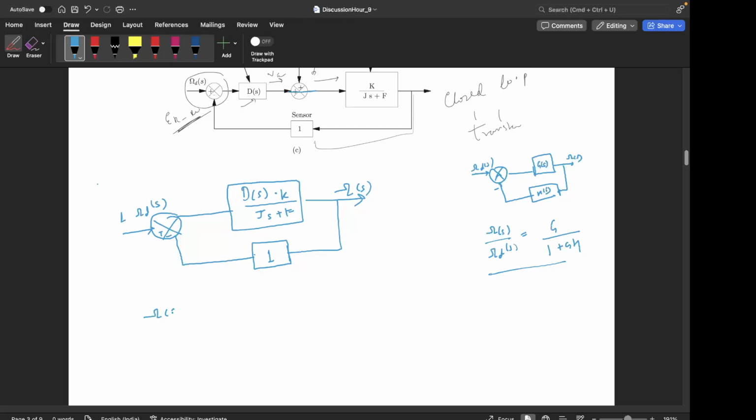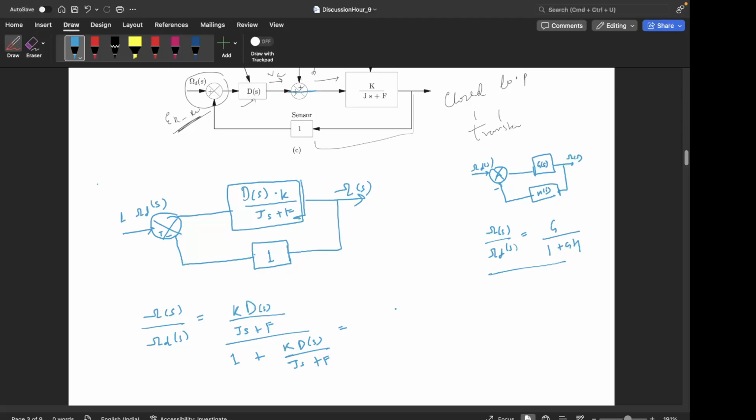So this becomes omega S by omega DS. Our G is this entire thing: DS and K by JS plus F, divided by 1 plus H, where H is 1, so this remains the same.